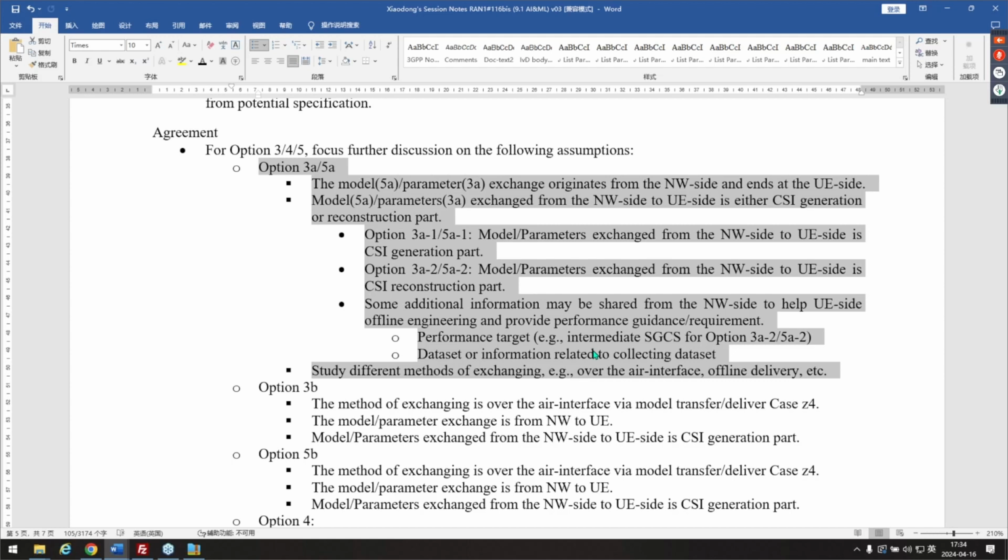And then if we go to the third sub-bullet for target performance testing at the UE side, the UE needs to derive the intermediate SGCS. And for that, the UE will need the CSI reconstruction part, the decoder part as well. So in this case, it seems that both options need to be shared, need to be supported. That means the network side needs to send not only the CSI generation part, but also the CSI reconstruction part to the UE side. Is that the correct understanding?